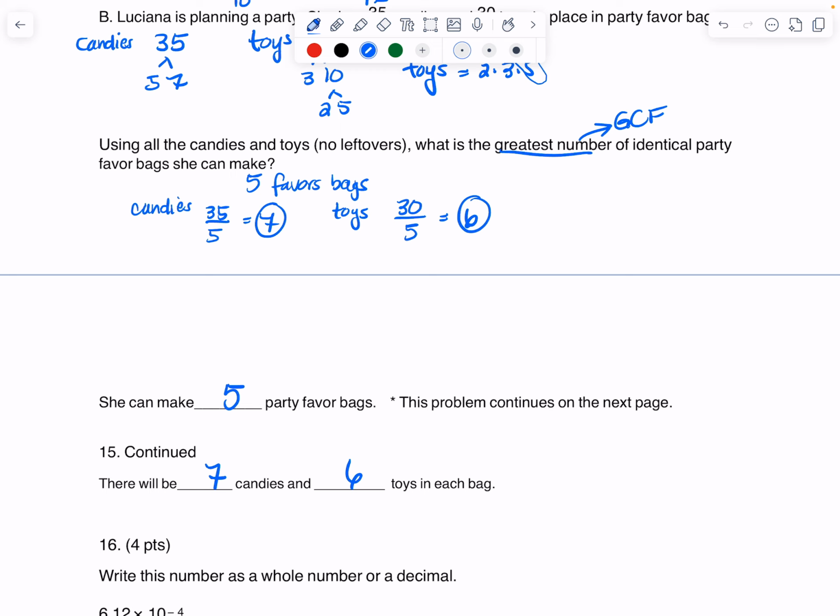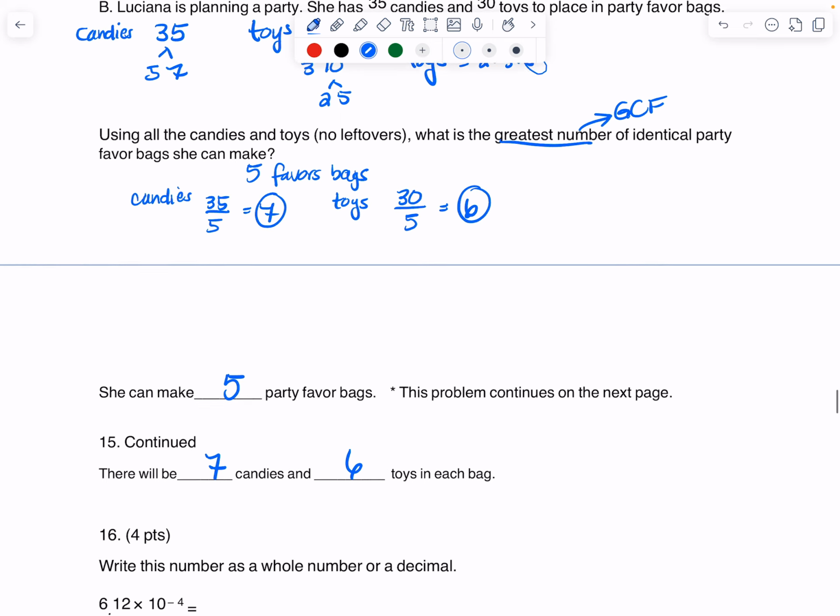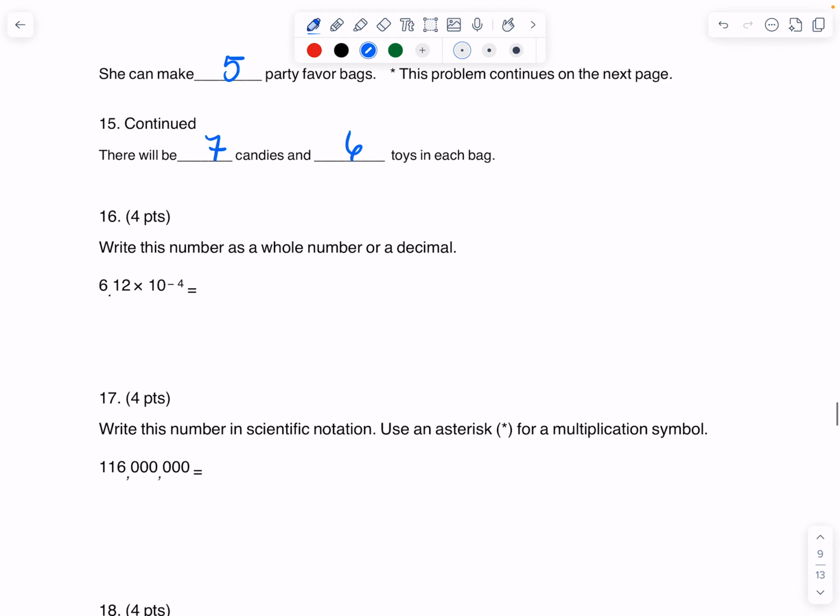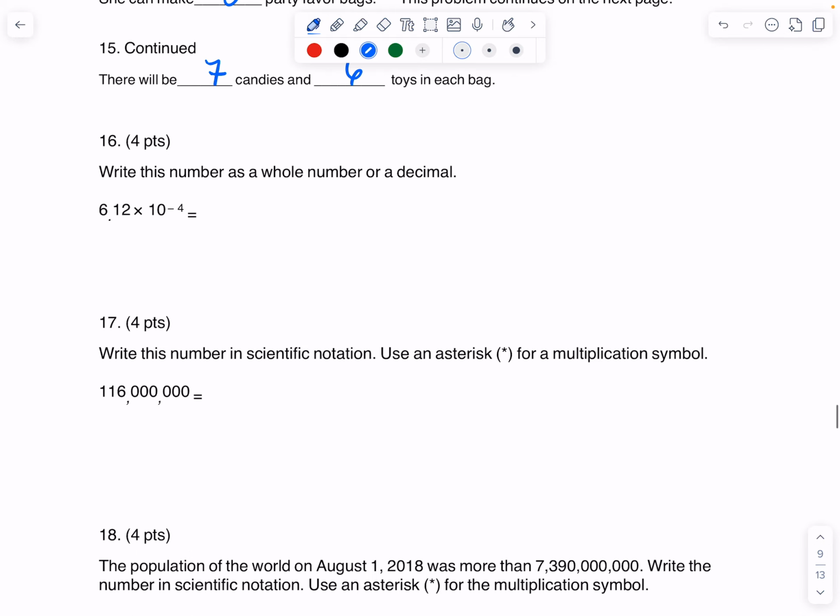Okie dokie. Let's go ahead and move on to number 16 here. Write this number as a whole number or a decimal. So it's in scientific notation. Remember, if you have a negative exponent and you have to write this number as a whole number, you're going to move the decimal to the left because negative exponents make the number smaller.